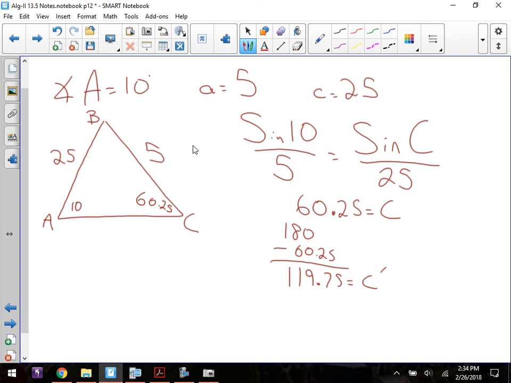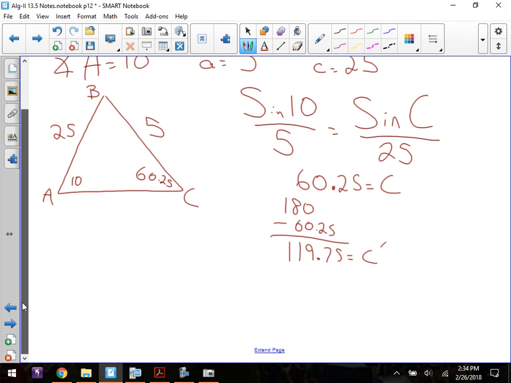If I take that 119.75, what do I add to it to check to see if there's enough degrees left? 10. If I add 10 to 119.75, what do you get? You get 129. So is there going to be enough degrees left over for this one? Yes. So then you'll have a secondary triangle.